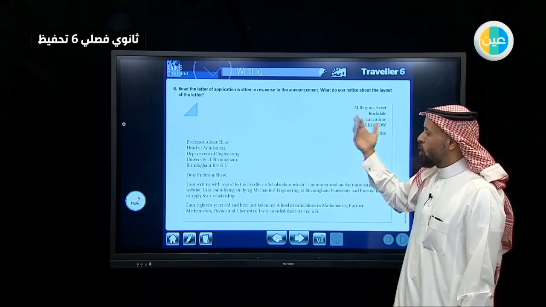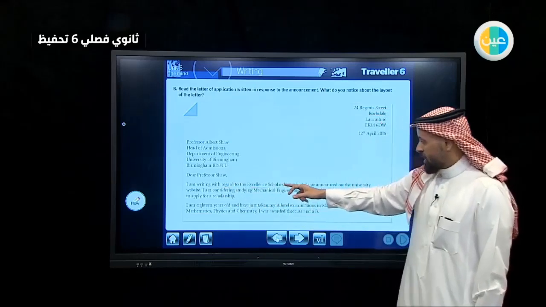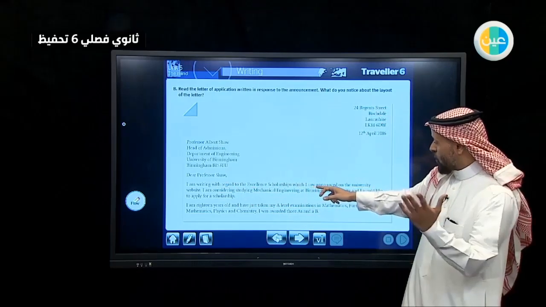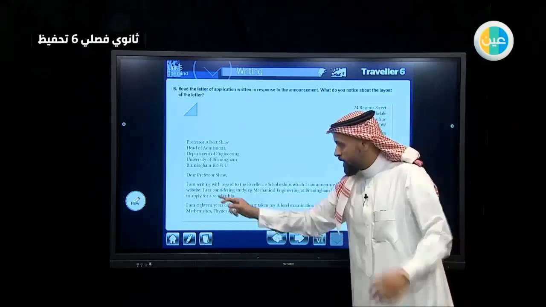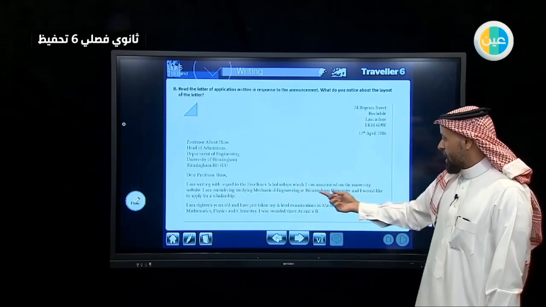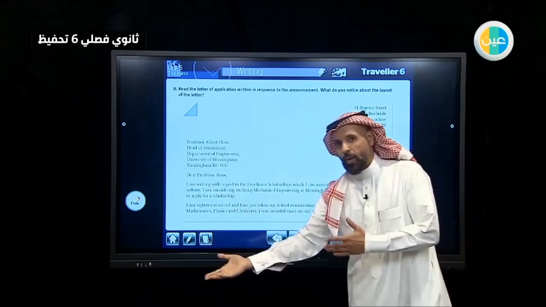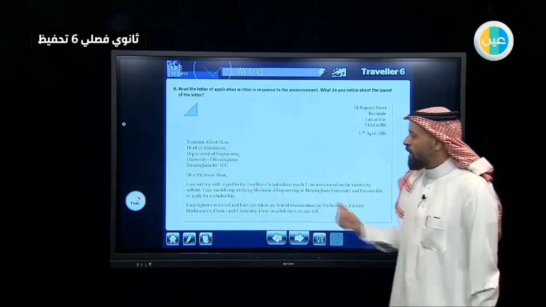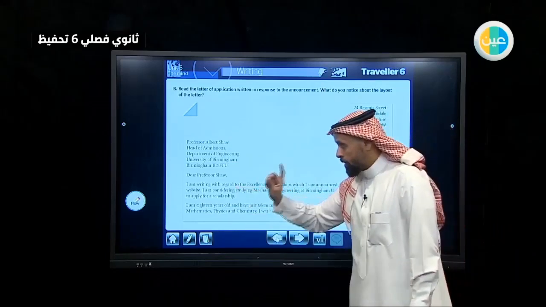Dear Professor Chow, I am writing with regard to the excellence scholarships which I saw announced on the university website. I am considering studying mechanical engineering at Birmingham University and I would like to apply for a scholarship. Now, this is paragraph number 1.